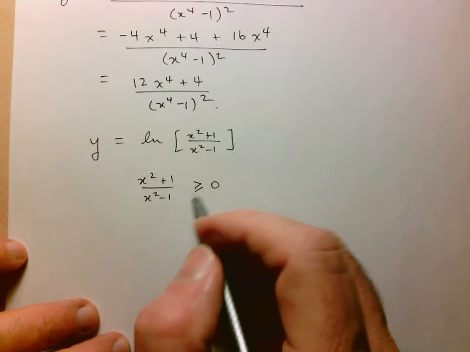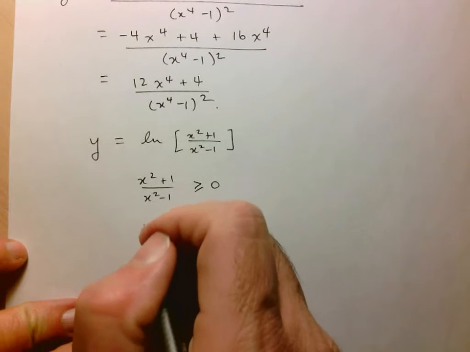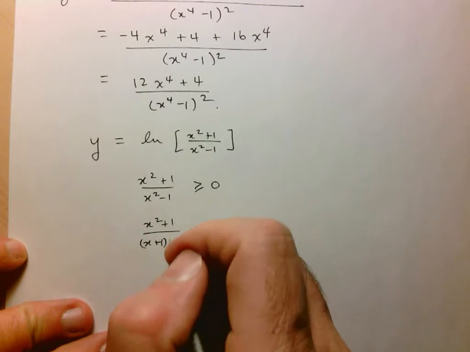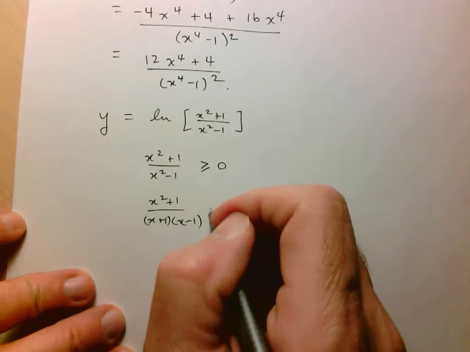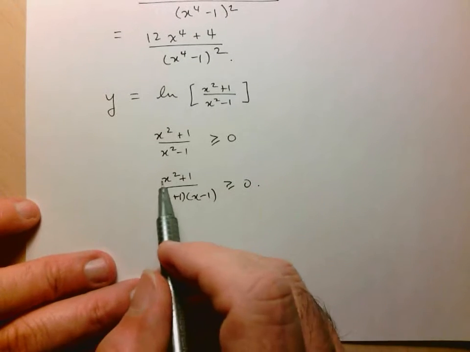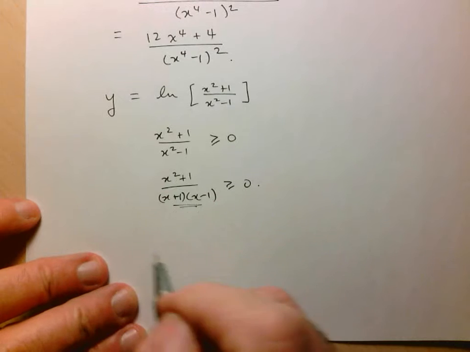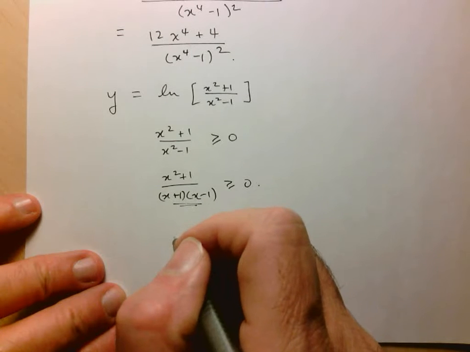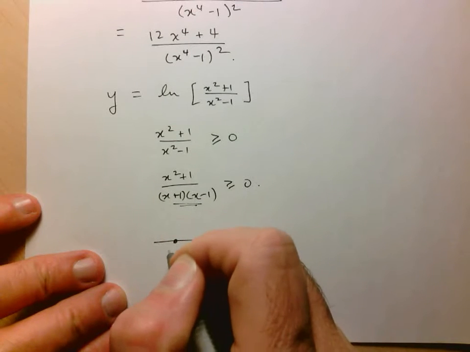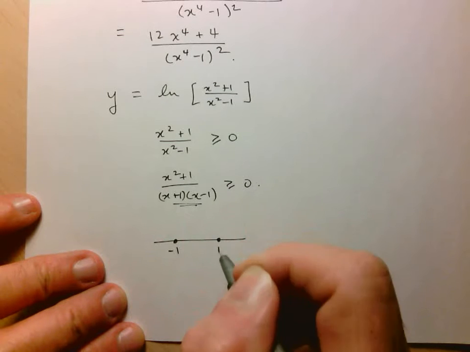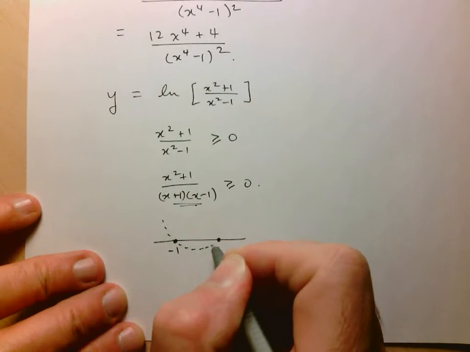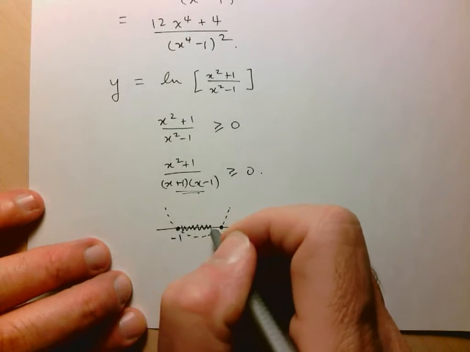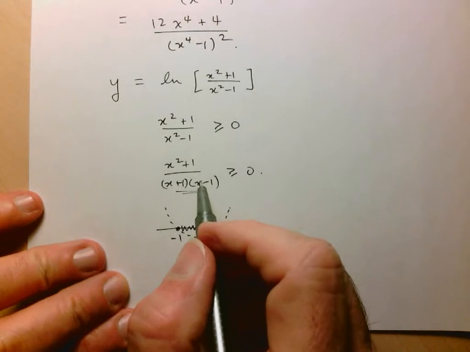What we want to do is factor this as much as possible. The numerator can never be factored, but the denominator can. Since the numerator is always greater than 0, we only have to look at the denominator. x squared minus 1, or x plus 1 times x minus 1, can be 0 at negative 1 and 1, and since this is a quadratic with a positive leading coefficient, between negative 1 and 1 the denominator is going to be negative.